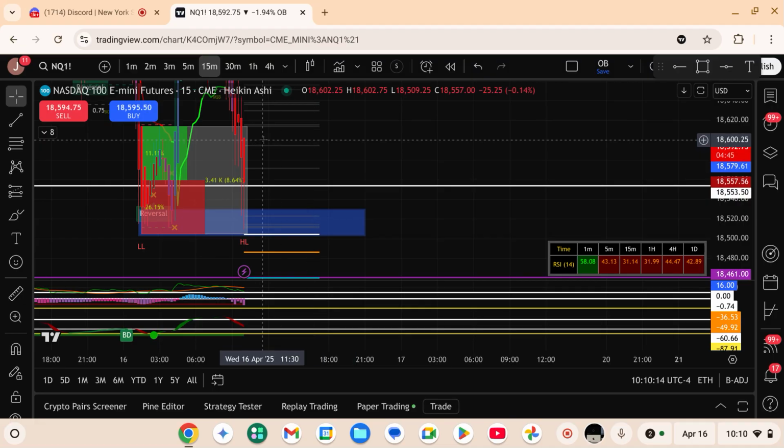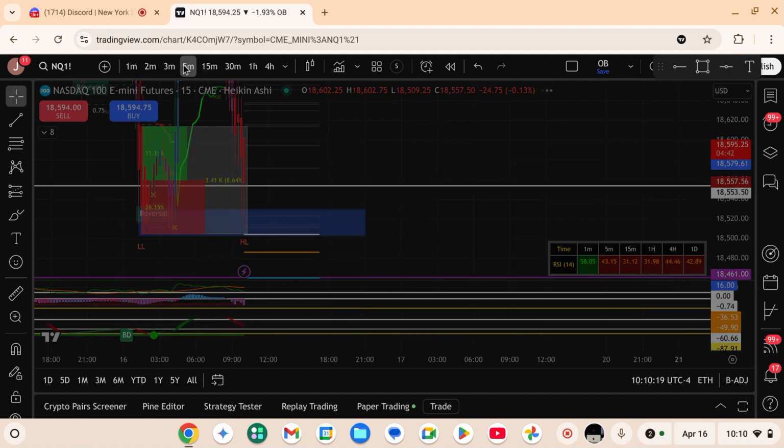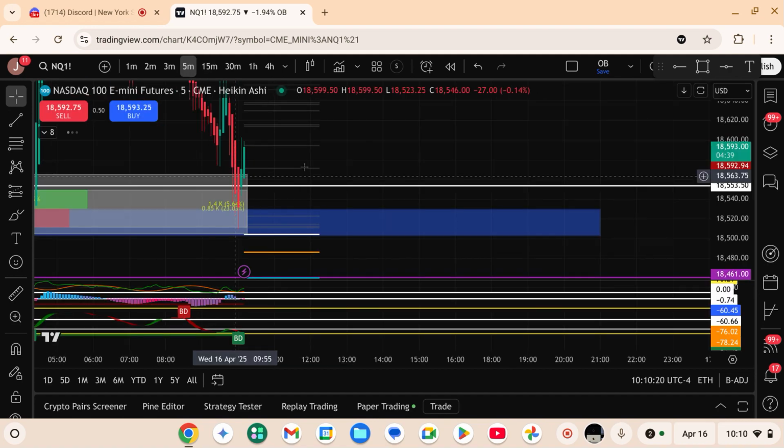Maybe this next 15-minute candle that opens will give us a better idea of where it wants to go.